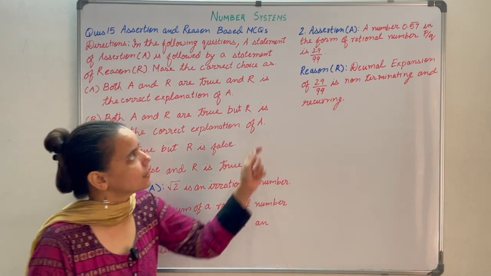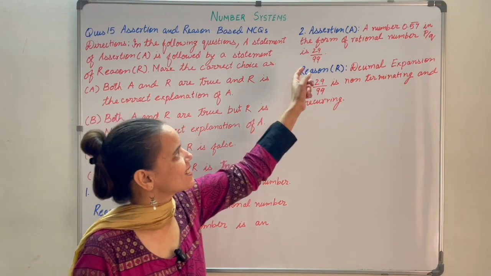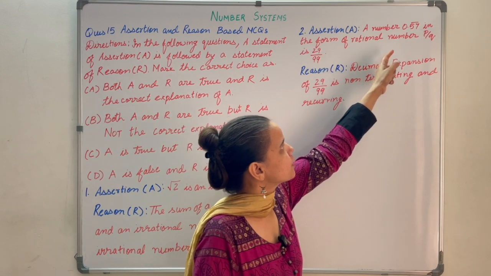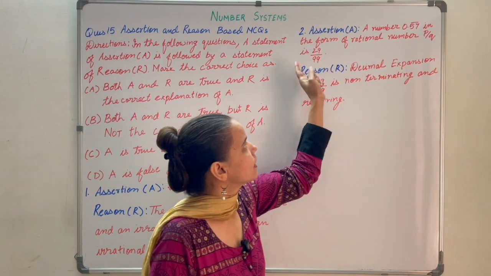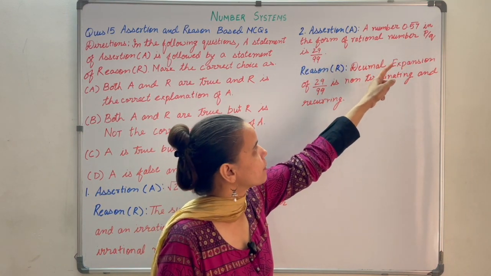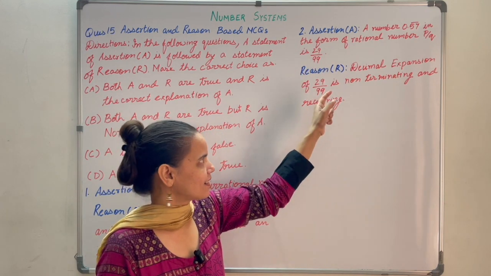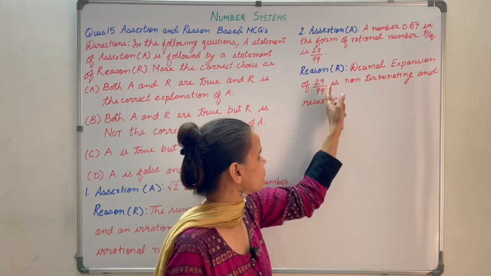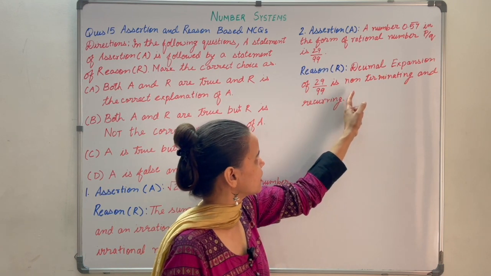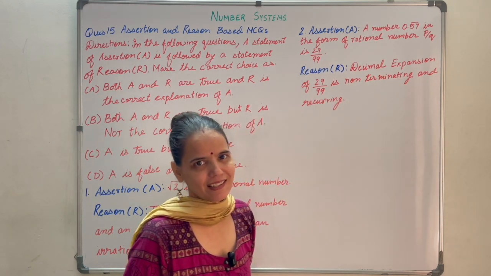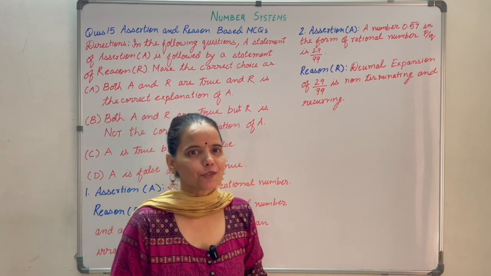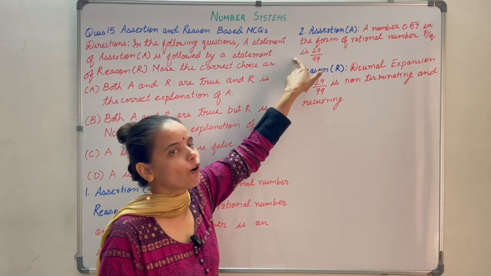Let us now take the second question. Assertion A: number 0.57 bar in the form of rational number p by q is 29 upon 99. Reason R: decimal expansion of 29 upon 99 is non-terminating and recurring. So the first step is to check whether this is true or false.